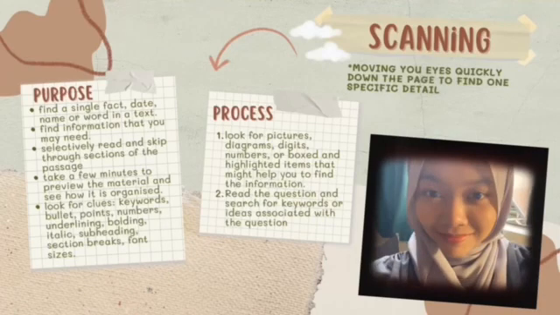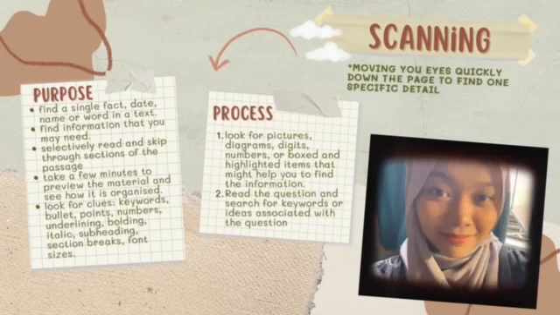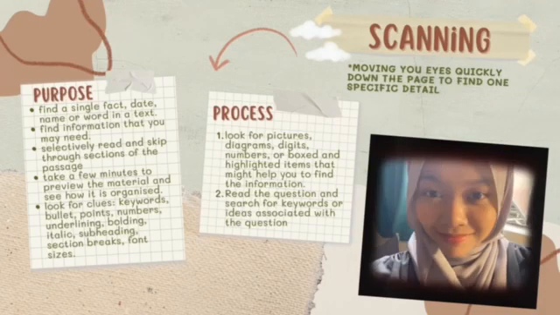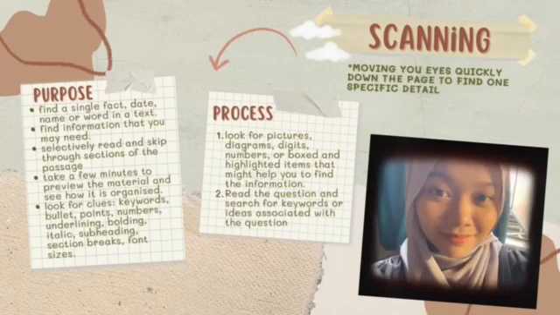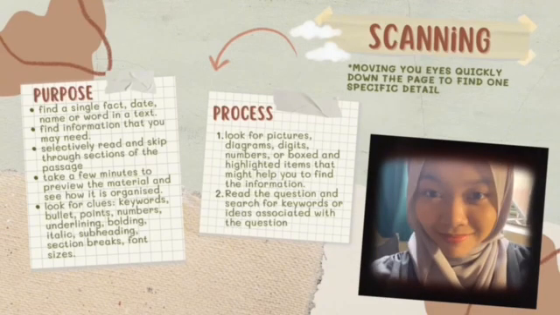This technique allows us to preview how the material is organized and use clues like bullet points, bold, italic, or headings to find key details. Next, under process. Scanning involves two key steps. The first step is looking for visual clues such as pictures, diagrams, numbers, or highlighted words that can guide us to the relevant information. The second step is reading the question first and searching for keywords or related ideas in the text.